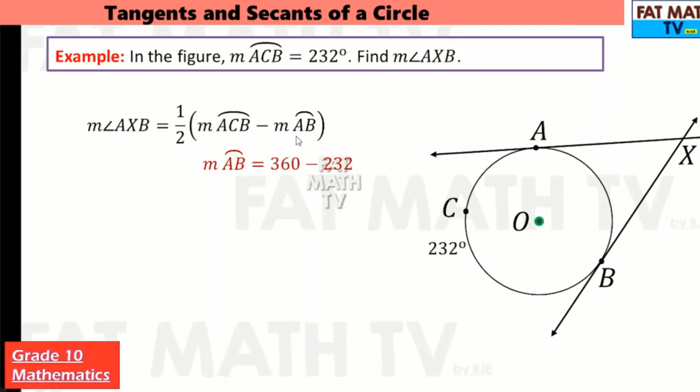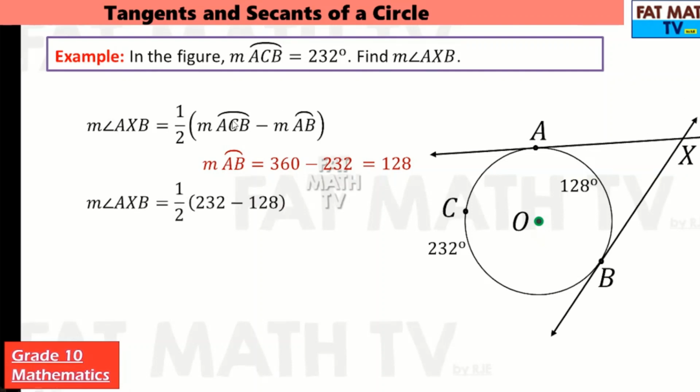But the measure of arc AB can be obtained by subtracting 232 from 360 because these two arcs, ACB and AB, make the whole circle. So their sum is 360. So if one is 232, the other one must be 360 minus 232, which is 128. So this arc AB measures 128 degrees.